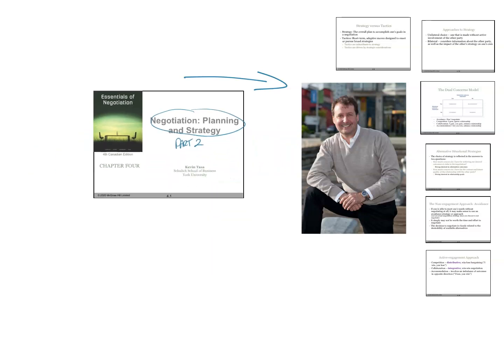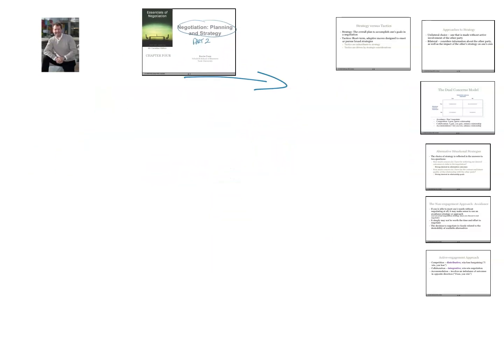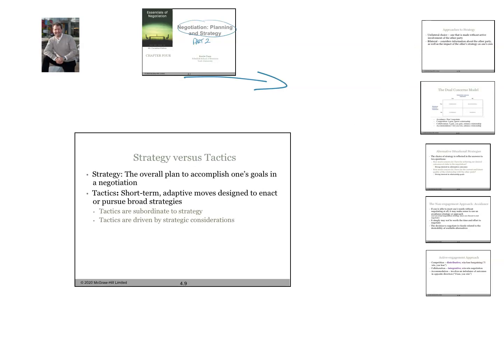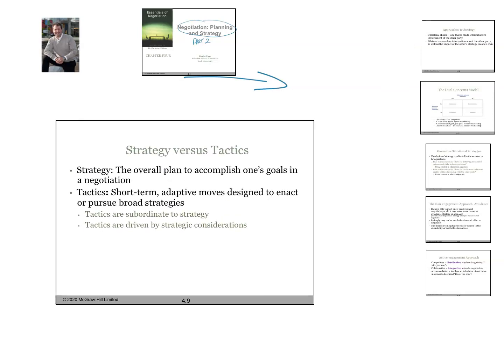So let's begin by taking a look at the difference between strategies and tactics. In a negotiation context, what do we mean by strategy? Strategy on one level means the overall plan to accomplish your goals during a negotiation.